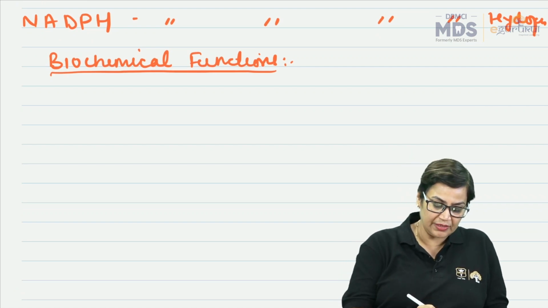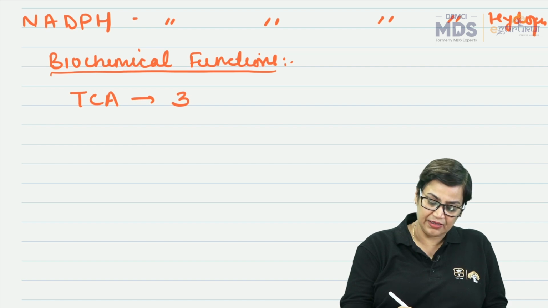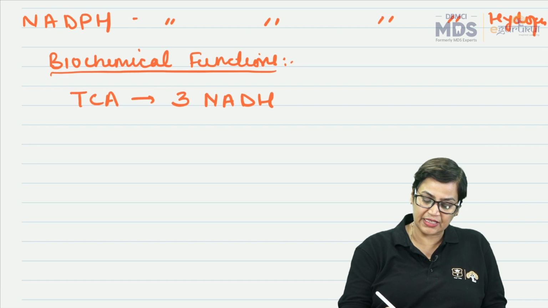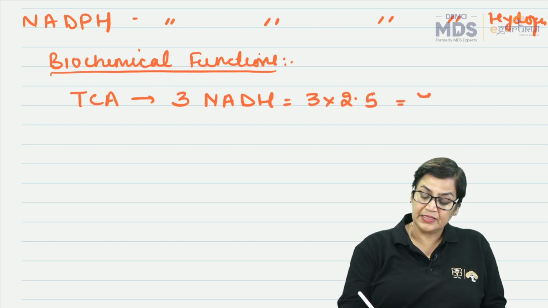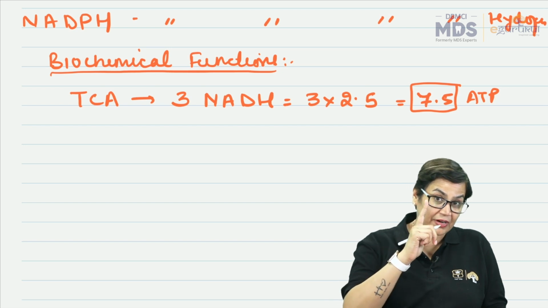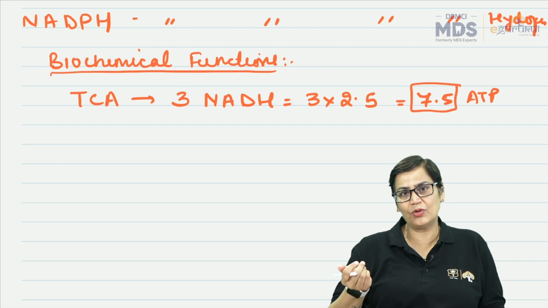If we talk about TCA, in TCA itself there are 3 NADH reactions. And 3 into 2.5 is 7.5 ATP given by 1 TCA cycle. So you can see it is giving so much energy to the body.